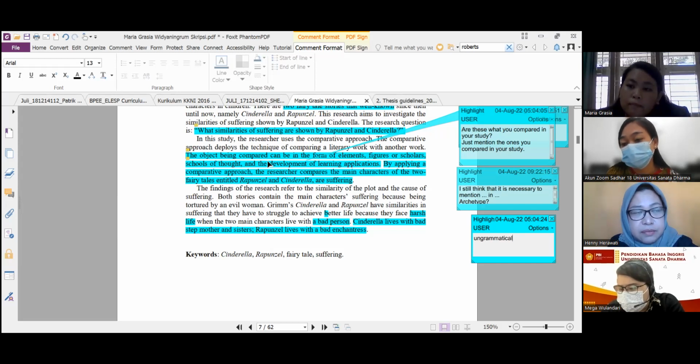There are different kinds of critical approaches. Usually when you analyze literary works, and fairy tales are literary works, right, you will mention or highlight the critical approach that you use.